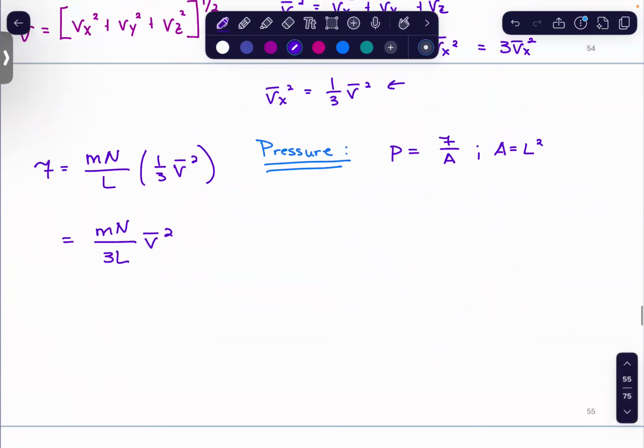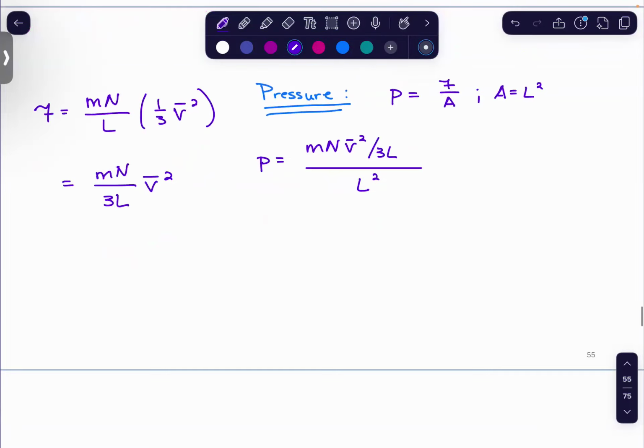Okay, so we have force. We're going to get force is going to be m times N v squared over 3L. And then, of course, my area is L squared. Okay, well, that's not very fun.